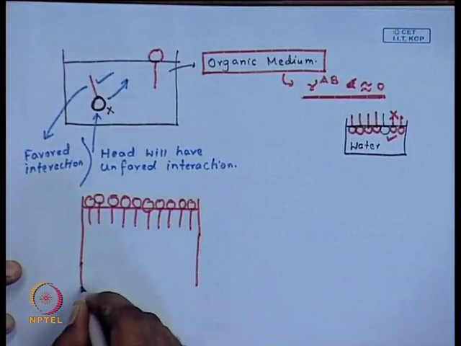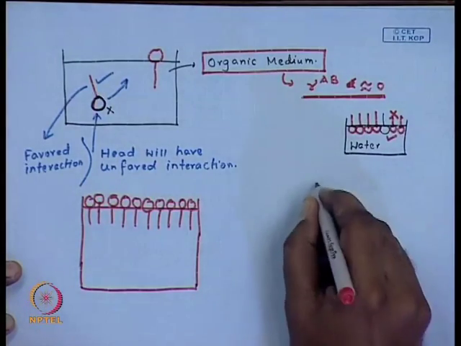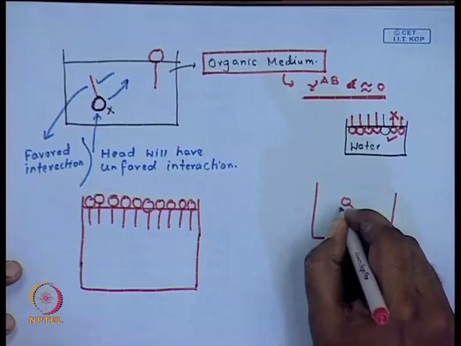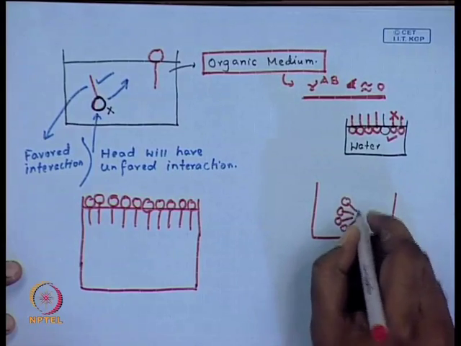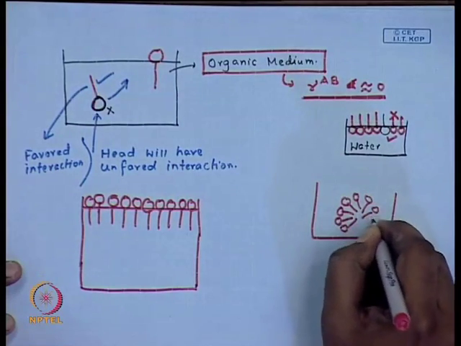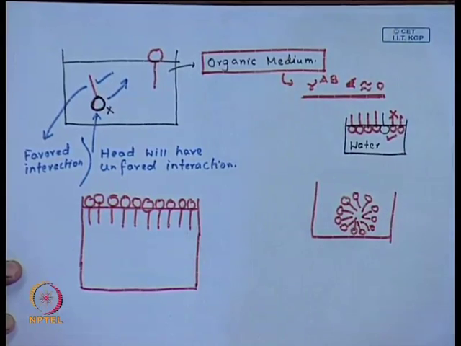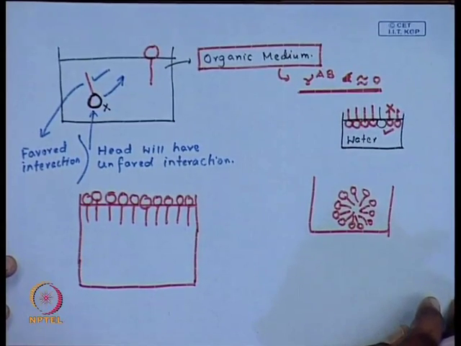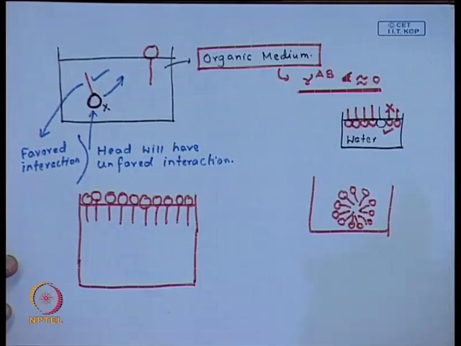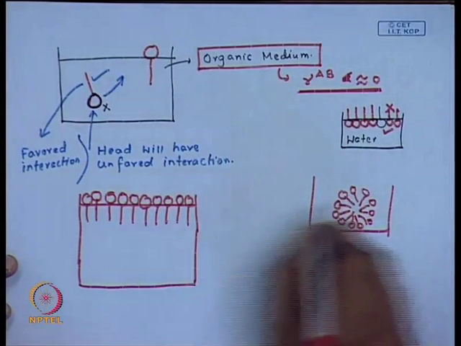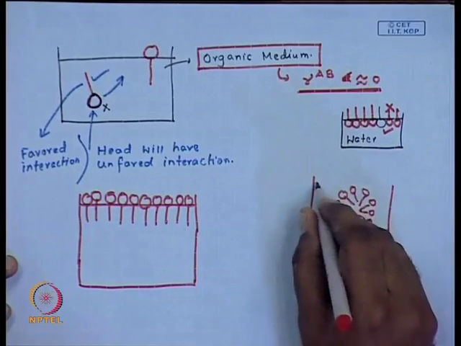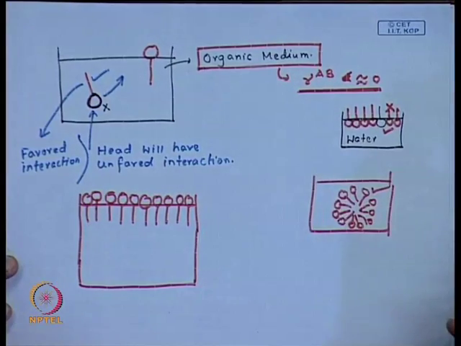Now, if you go on adding more molecules here, what we saw earlier was that a micelle formed. Here, if you add more molecules, what happens is that the micelle formed because the head groups had a favored interaction with the water.